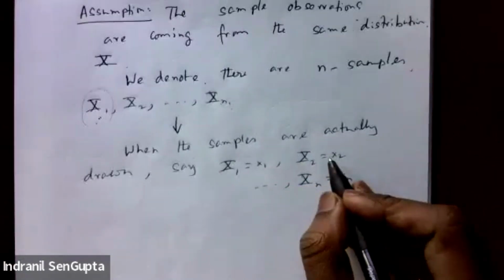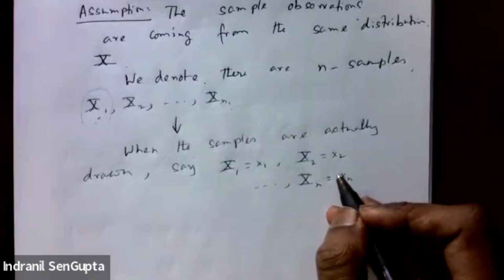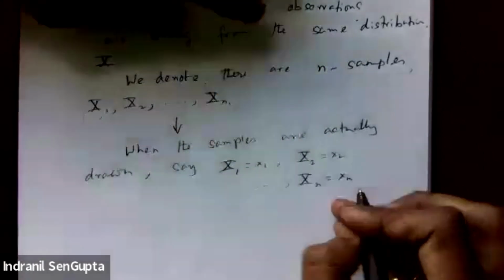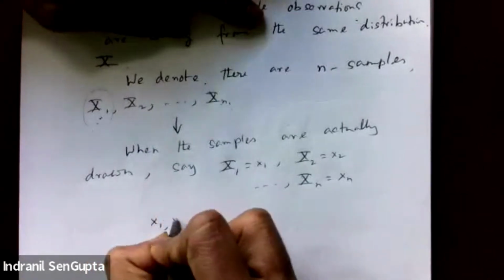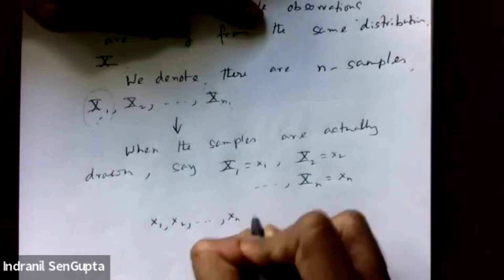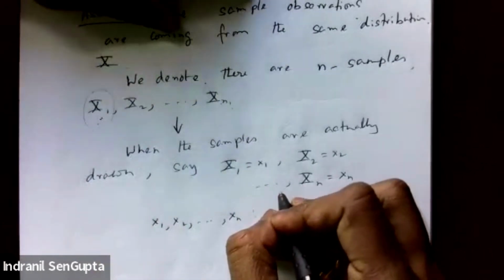I'm using the lowercase letters for these. So this quantity, x1, x2, up to xn, is called a realization.